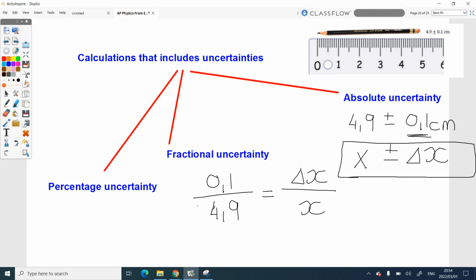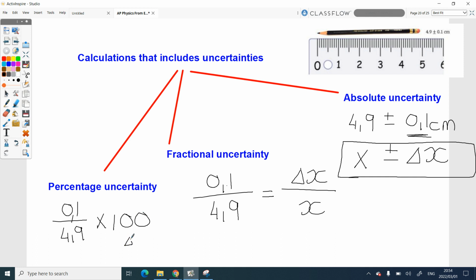The percentage uncertainty, once you have the fractional uncertainty, is pretty easy because all you're going to do is times it by 100. So the percentage uncertainty will then be 0.1 for this value over the 4.9 times 100, and that will give you your percentage uncertainty.